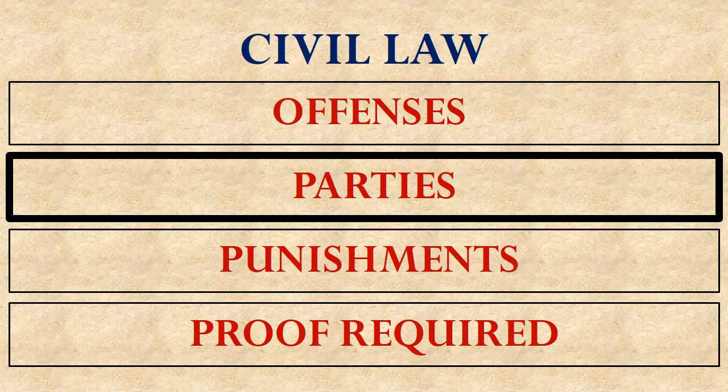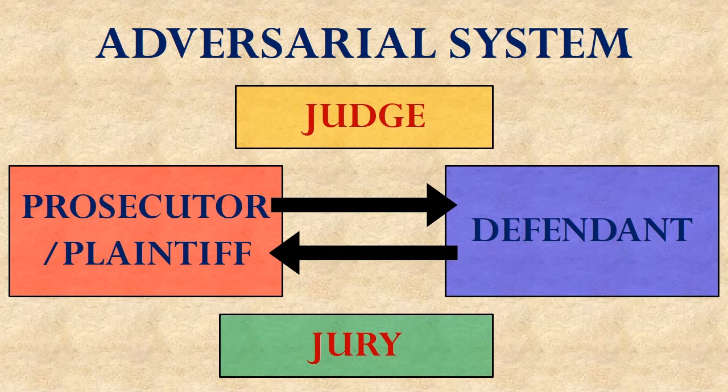Okay, now that we know that civil law covers harm done to somebody, whether it's legal or illegal, doesn't matter, now let's look at who the parties are to such a case. Remember back when we diagrammed the adversarial system in the previous lesson, that we saw that on one side we have someone called either a prosecutor or a plaintiff who's accusing somebody else of having done something bad.